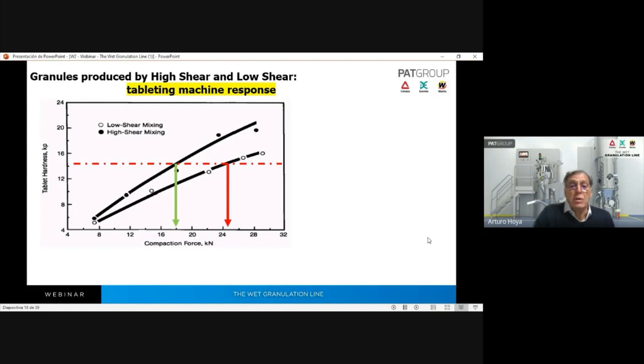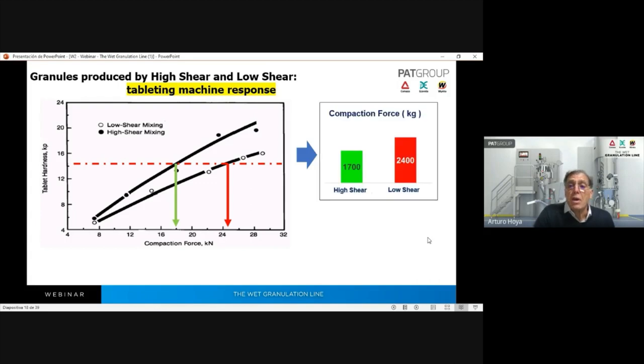This is 24 kilonewton versus 17 kilonewton, or in kilograms, 1,700 and 2,400.